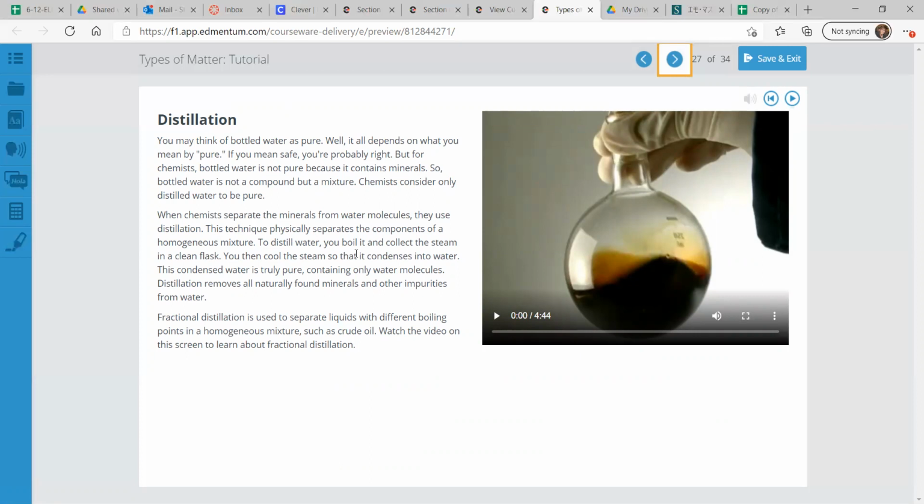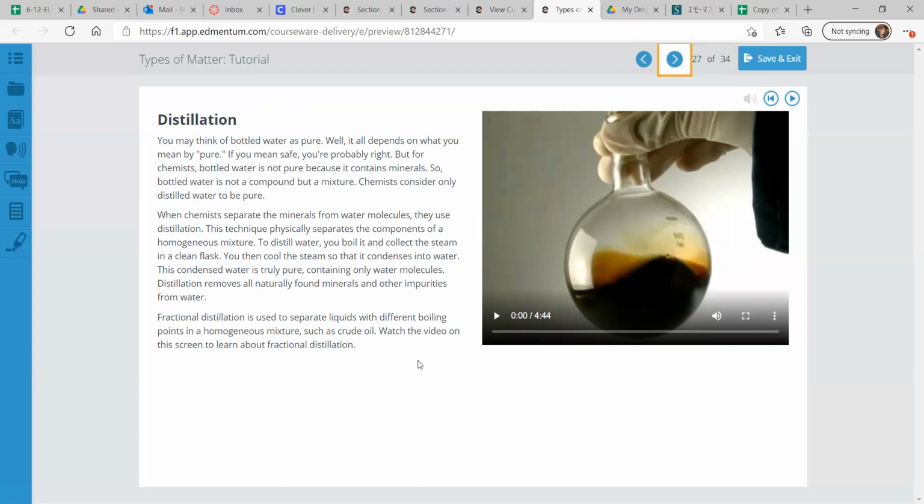So if you have water, you boil water and you capture the water in some type of flask. Yeah, a clean flask. And then you cool that steam back into water and it condenses into water. That condensed water is pure. Only water molecules were evaporated and then condensed. So you lose all those other impurities.